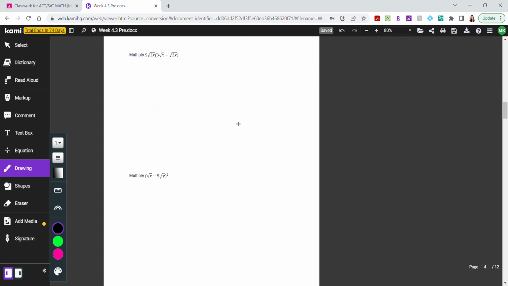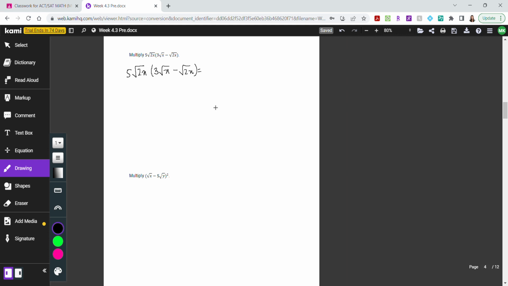Now with this one, we have to distribute the parentheses first. So let's look. Let's write out our equation as usual. Now distribute your parentheses.